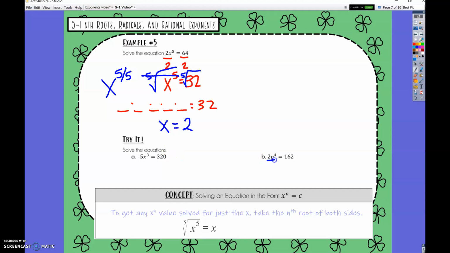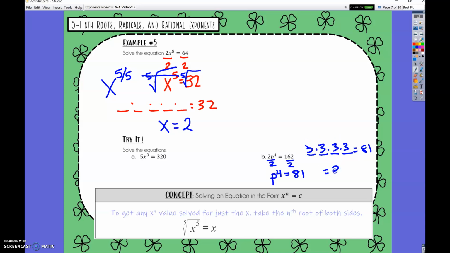I'll do part B. If you divide by 2 on both sides, we get p to the 4th equals 81. And that would mean something times itself 4 times makes 81. Again, mostly we're dealing with whole numbers here. So we would know that 3 would be the number times itself 4 times.